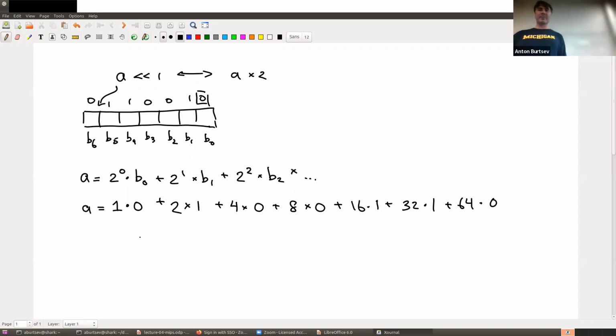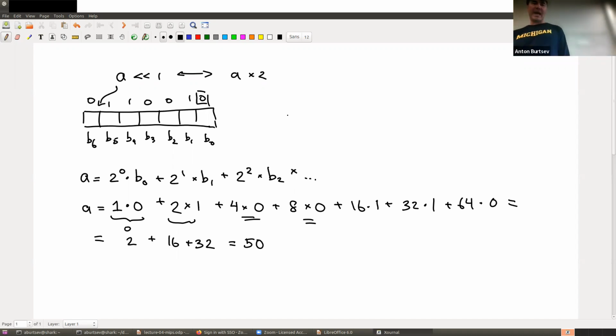Agree with this? So this is 2 plus 0 plus 0 plus 16 plus 32, which is 48, plus 2, so 50, agree? So this number is 50.